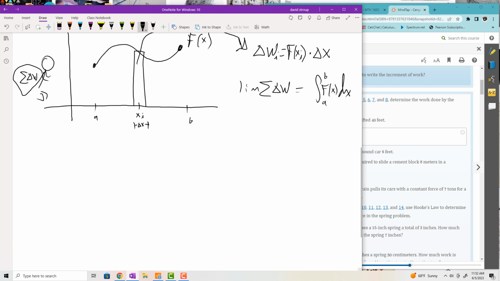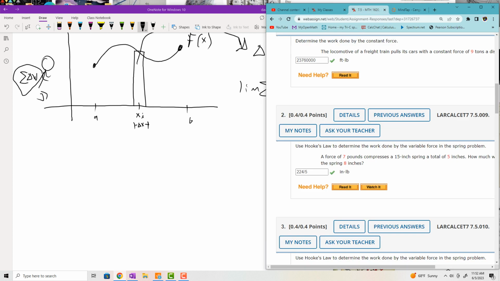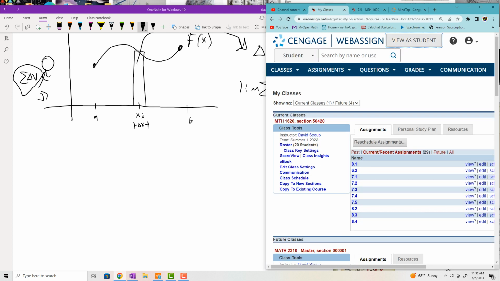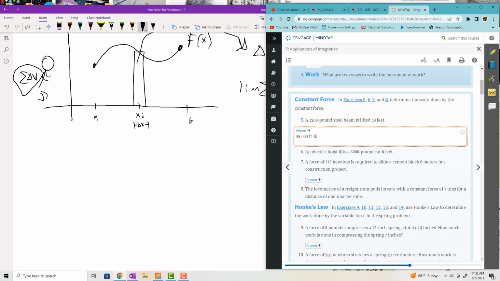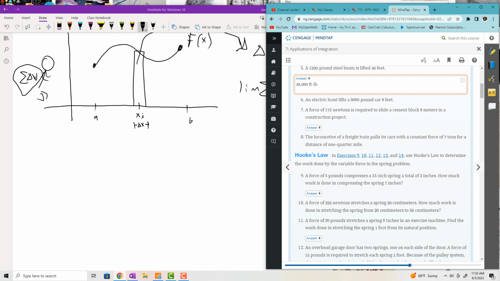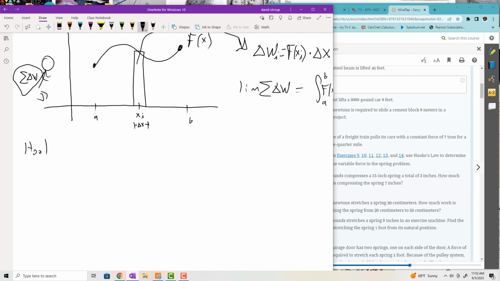Anyways, let's take a look at some of these types of problems. The first variable force problem you see in the homework is the Hooke's law problems, where you're stretching or compressing a spring. The formula for Hooke's law is big F equals K times D. So basically the force required to stretch or compress a spring is proportional to the distance of the displacement.